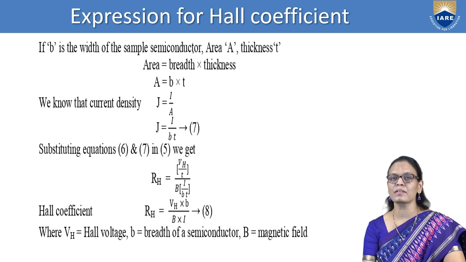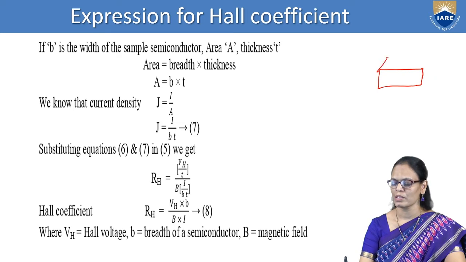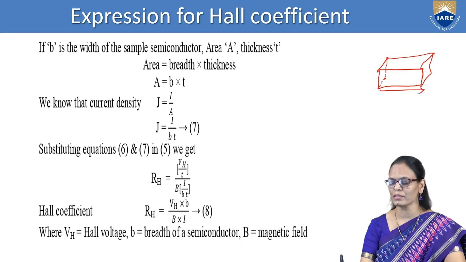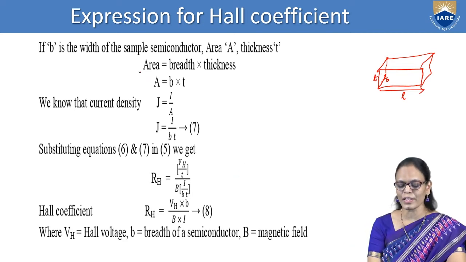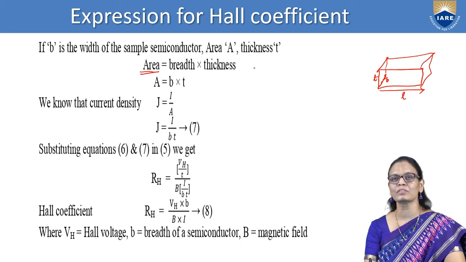Now if b is the width of the sample, when we talk about a semiconductor, if this is the length L, this will be the breadth b, and this will be the thickness T. The area is given by breadth into thickness. So A is equal to b into T.